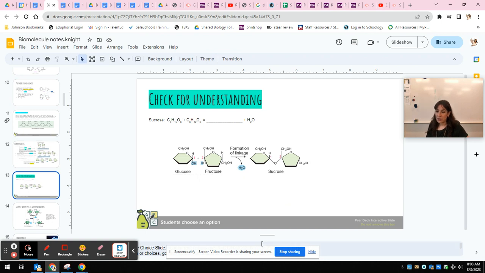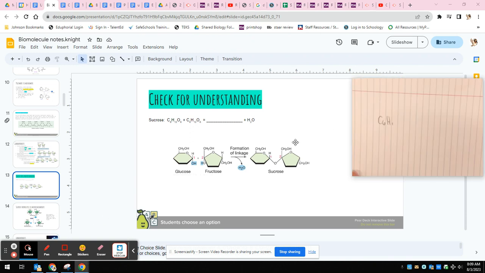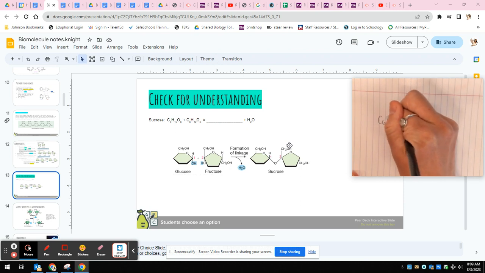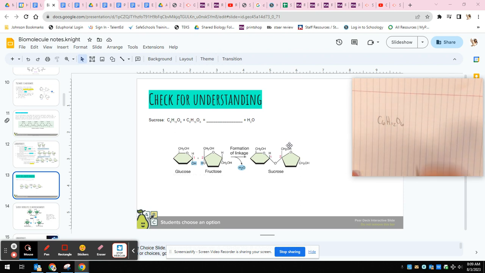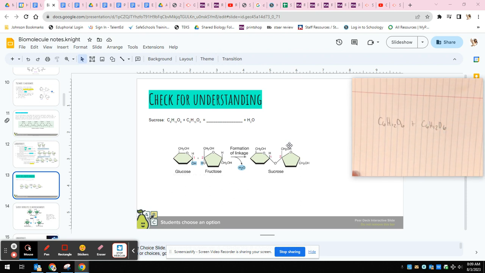So check for understanding, how do you build sucrose? So first of all, this is going to be a dehydration synthesis reaction. And I have C6H12O6, which is glucose, plus C6H12O6, which is fructose.